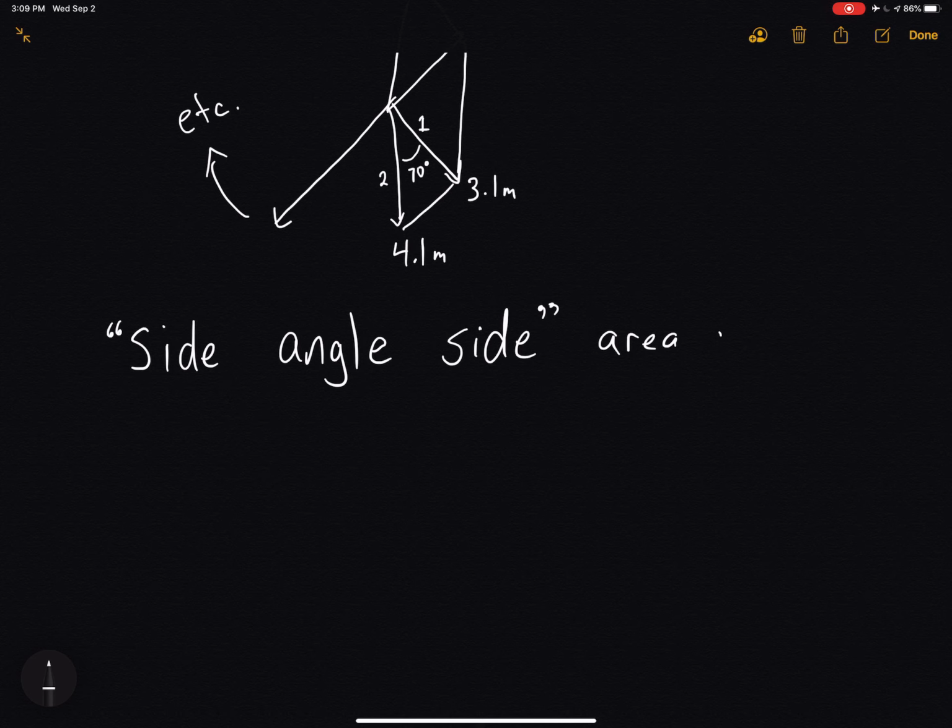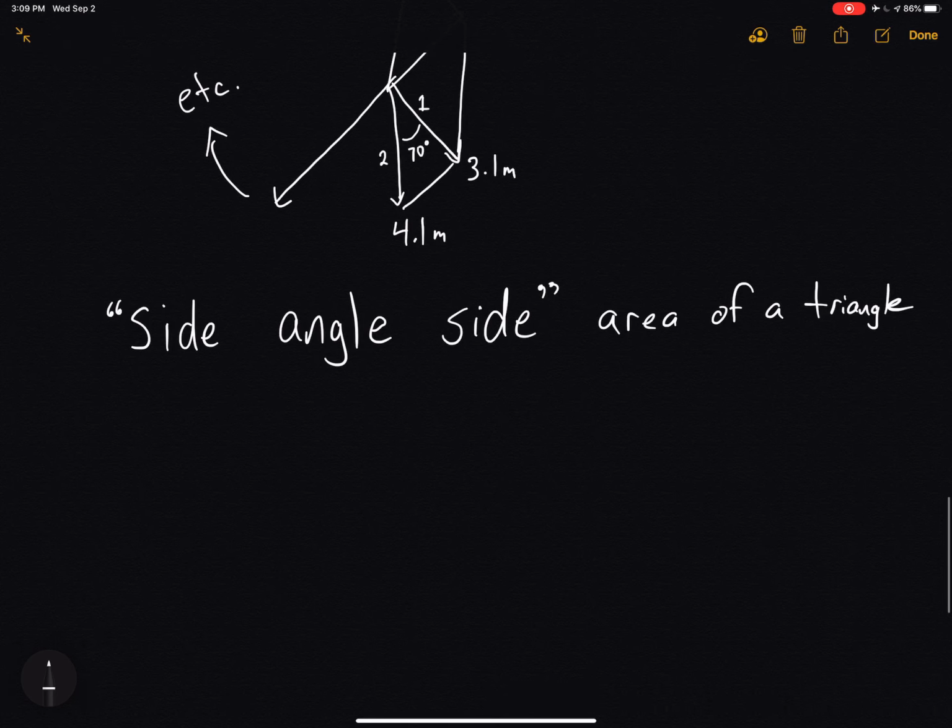Okay, so side angle side area of a triangle is, let's see here, two sides and the included angle given.